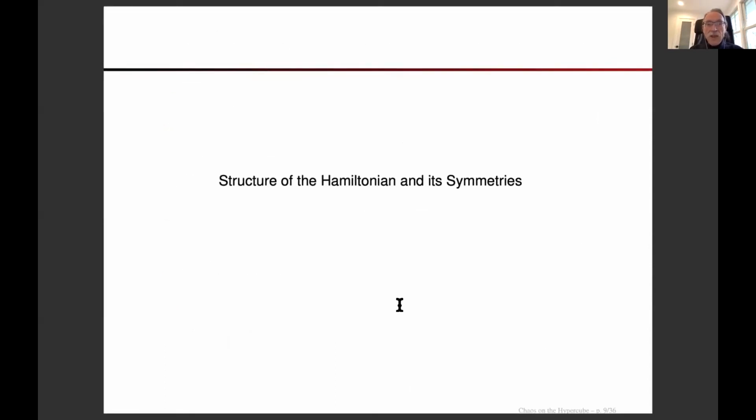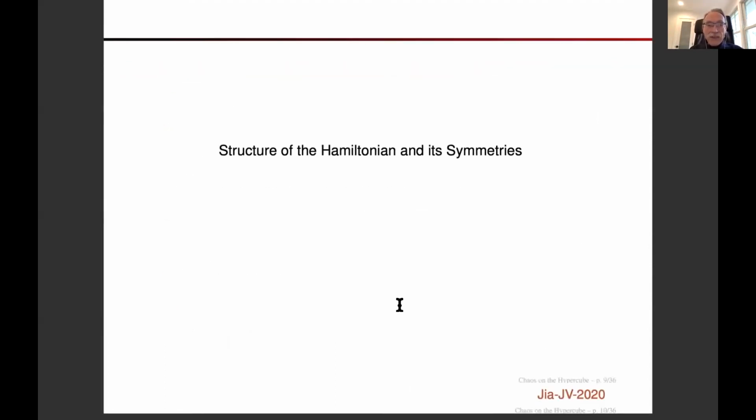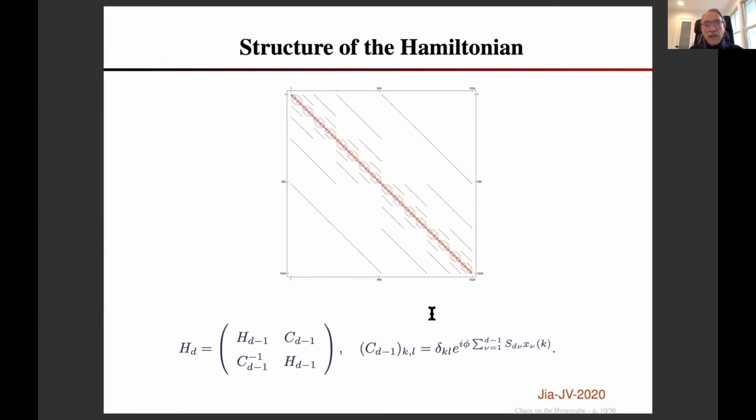So let's now study the structure of the Hamiltonian and its symmetries. In this graph, you see a plot of the non-zero matrix elements of the Hamiltonian for 10 dimensions. So you clearly see a fractal structure. If you take this Hamiltonian, the next dimension is obtained by taking 2 blocks, the same blocks, and then coupling them in this way.